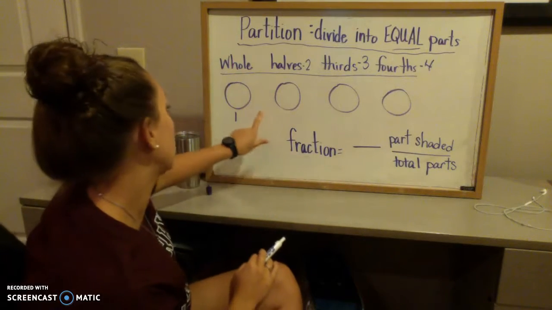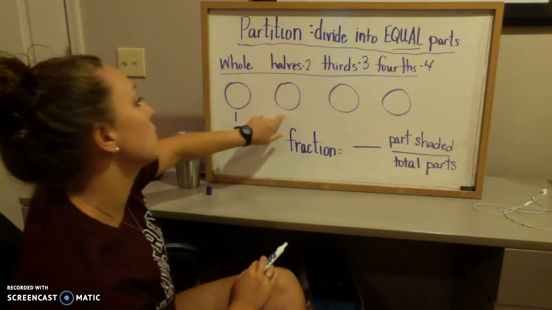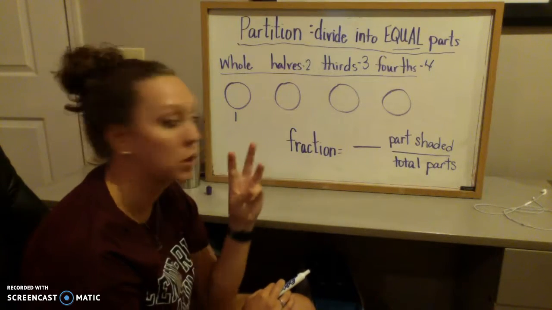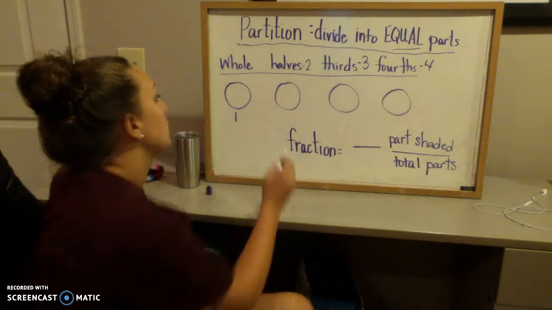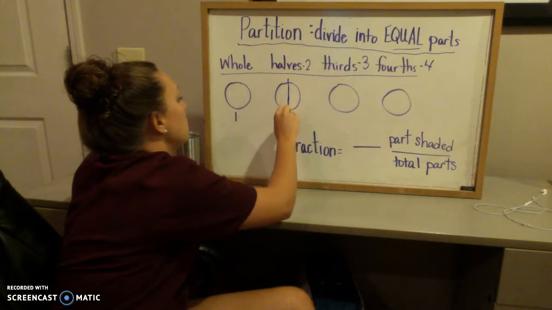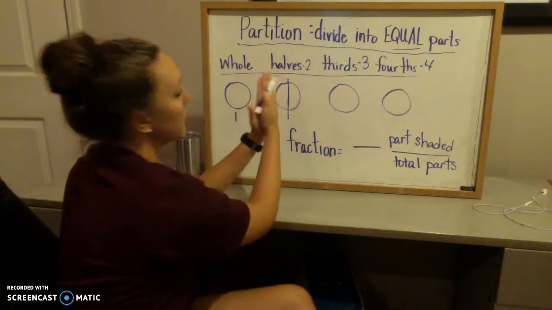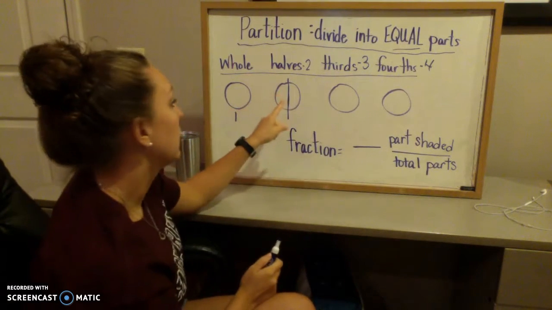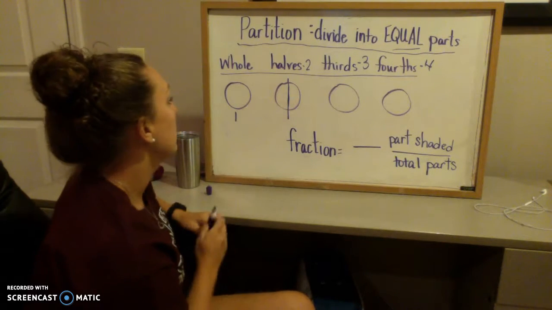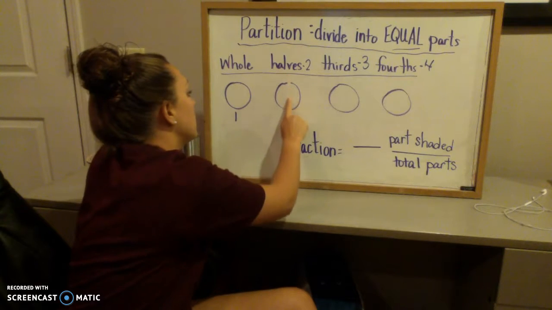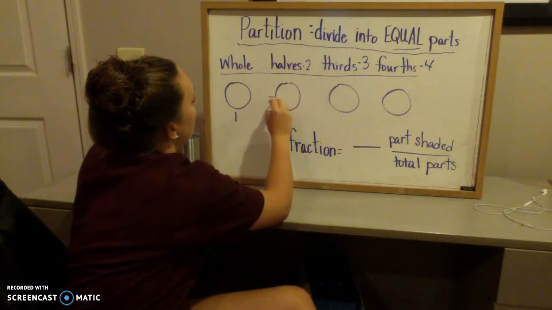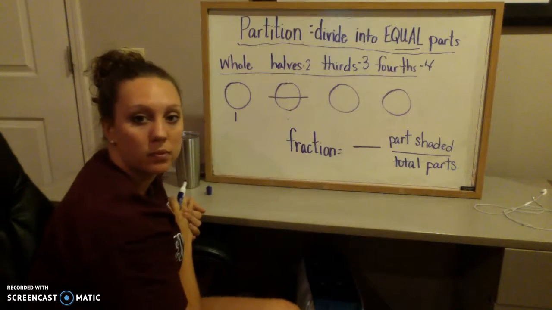So if we're working on how to partition a circle into a half, there's multiple ways you could do it, and I'll show you the 3. So you could either divide it straight down the middle. If we were to fold these, they would be completely even, right? This is 1/2, this is 1/2. You could also divide it that way.